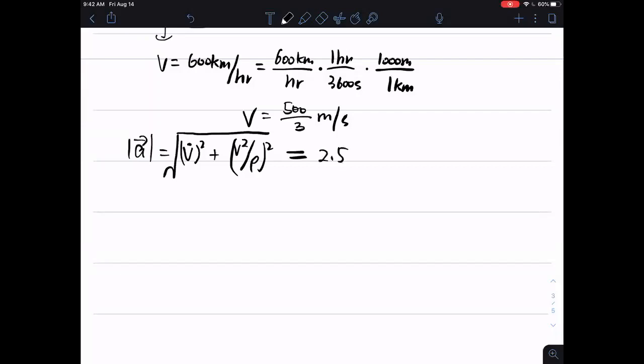G here is the gravitational acceleration, which is 9.8 meters per second square. All right, now it becomes a very simple math problem. If you look at this whole thing here, we know v dot, we know v, we know this side of the equation equals 2.5 times 9.8. Rho here is the only unknown.